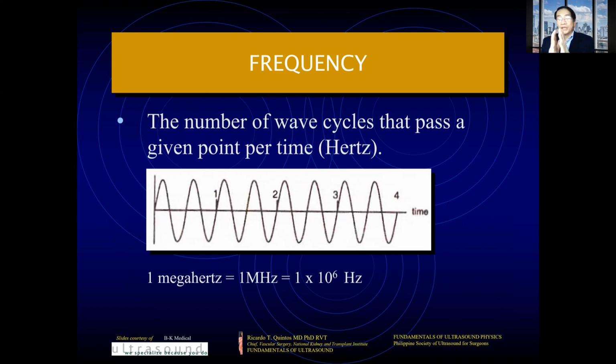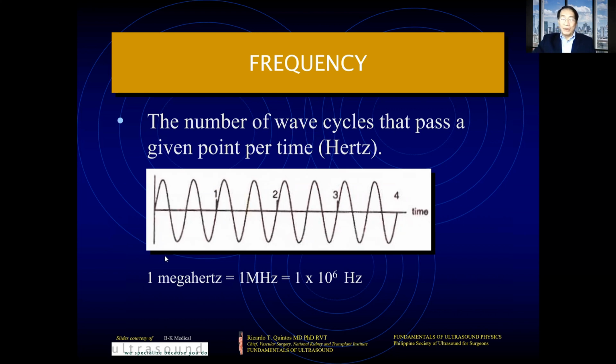Whereas if the waves are longer in duration and there are fewer waves passing through a particular point at a particular time, then that will be a low frequency wave. So 1 hertz is 1 wave per second.